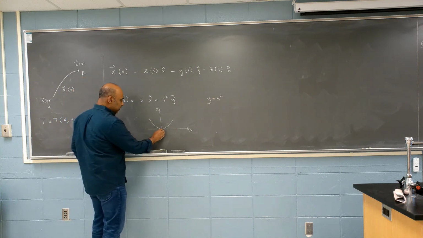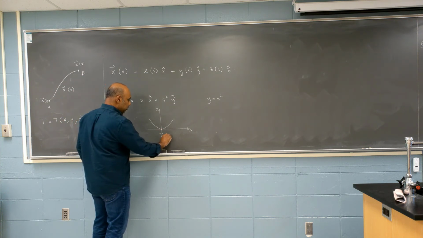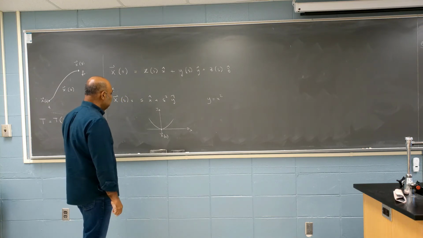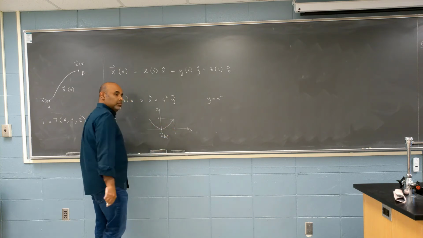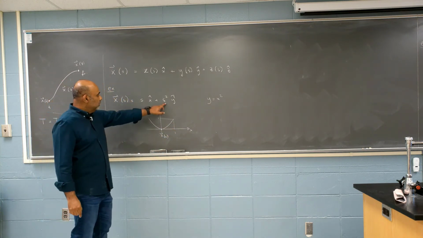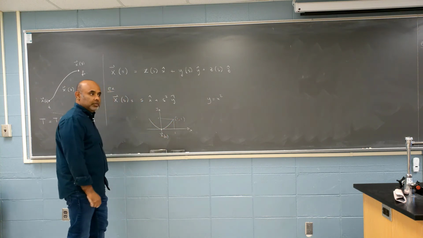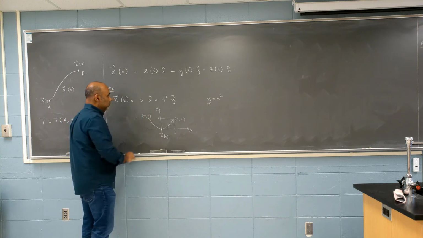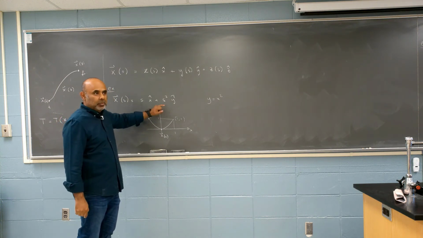This is the point x of 0, because it's 0, 0. That's the point 1, 1. This is the point -1, 1. Because I can pick s to be negative, when I do s squared, I'm going to get 1.